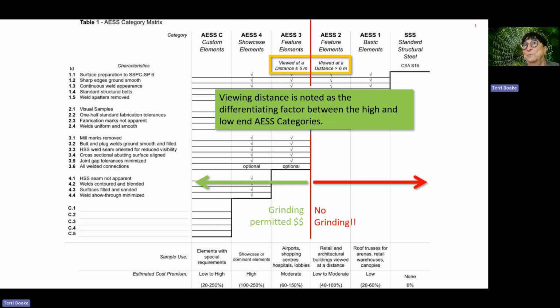And in many cases, we decided it really wasn't needed, particularly when you're viewing things at a level of greater than 6 meters. So the break between AESS 2 and 3 would be the viewing distance that would say there's grinding permitted, higher levels, no grinding on the lower levels.